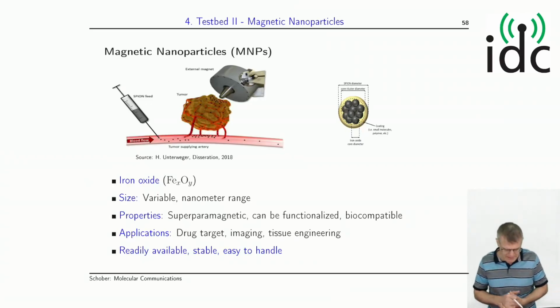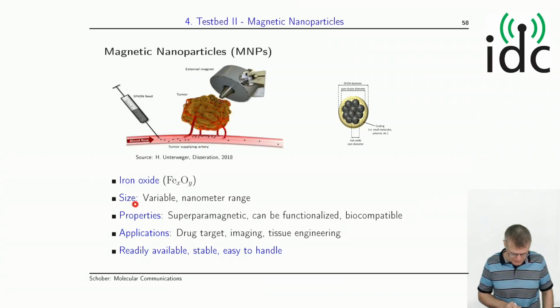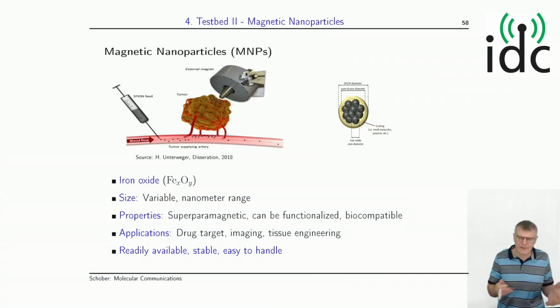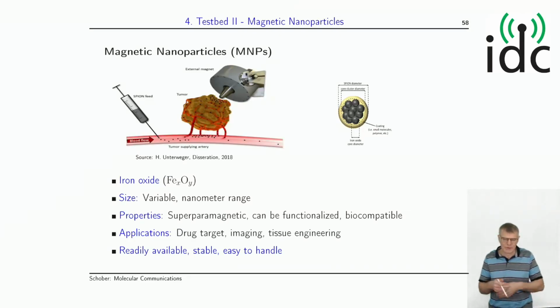These magnetic nanoparticles are so-called iron oxide particles. And what made them attractive to us are two things. First of all, their size is variable and typically in the nanometer range. So they're in the same range as molecules, size-wise, and therefore they behave similarly to molecules as far as transport is concerned, right? So you can study diffusion, flow, and all of this also with these nanoparticles.